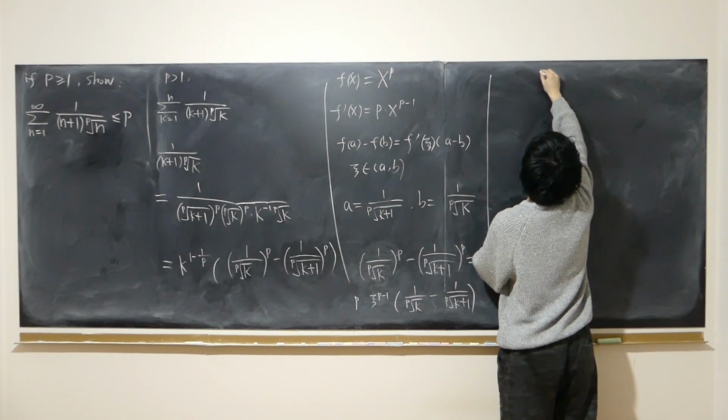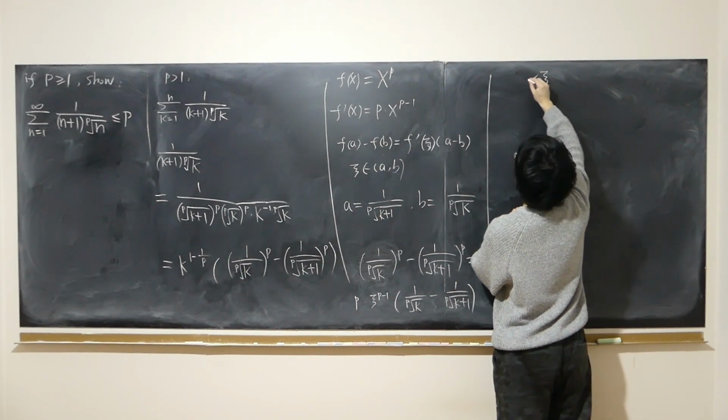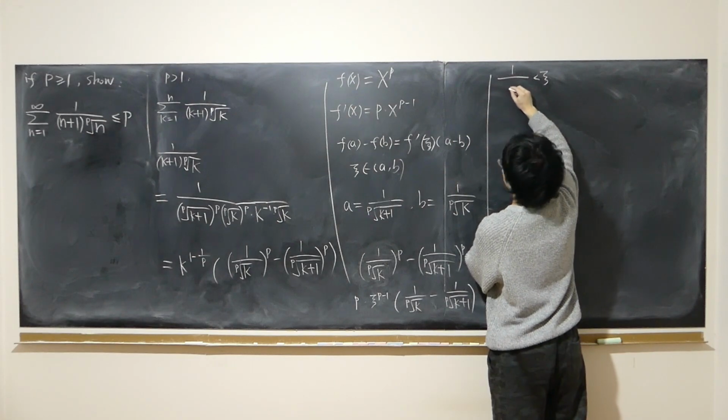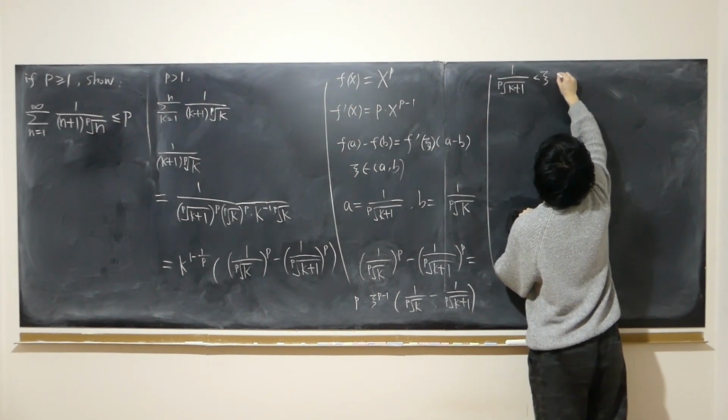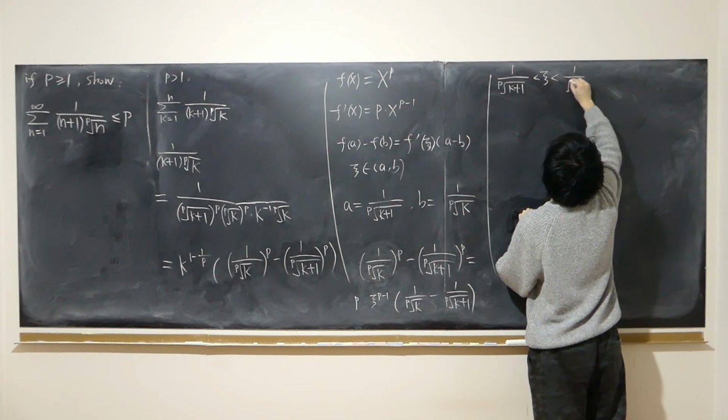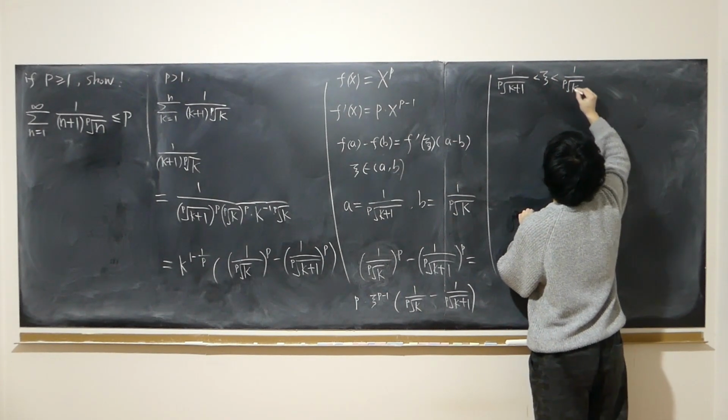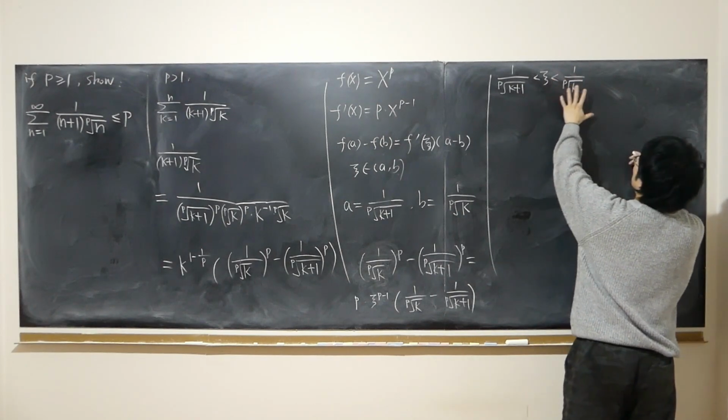So in other words, c is greater than 1 over the pth root of k plus 1 and smaller than 1 over the pth root of k. We need this part of the inequality.